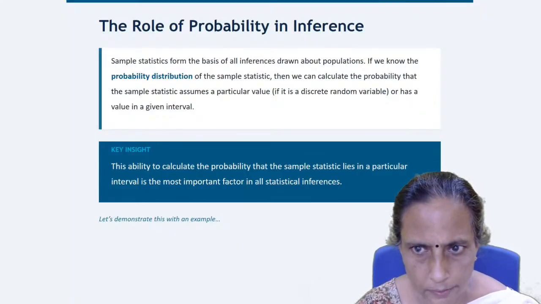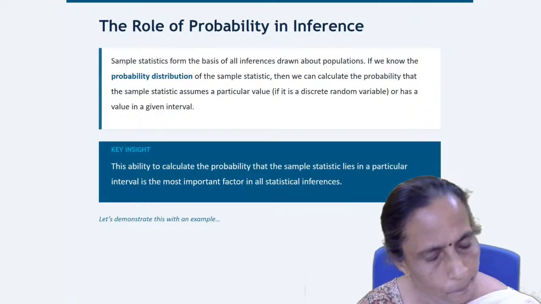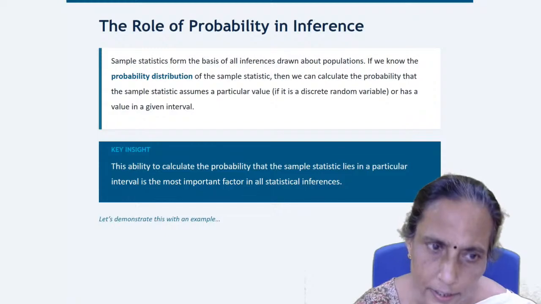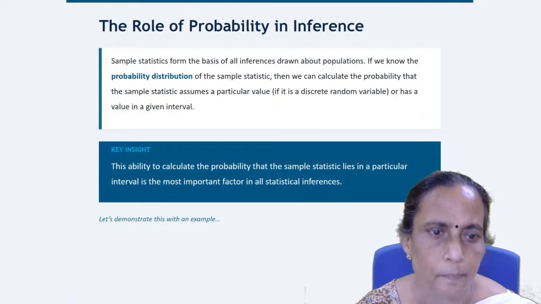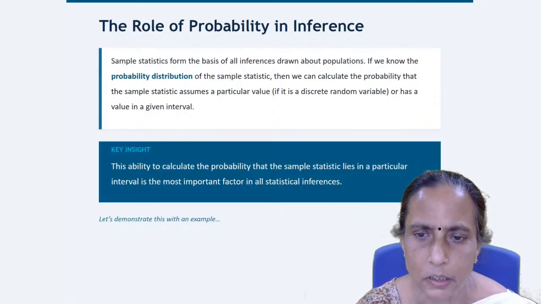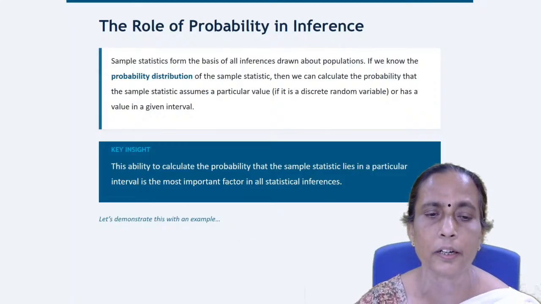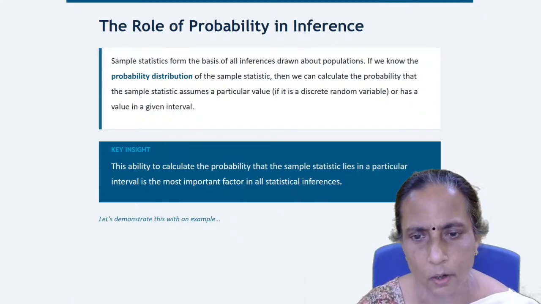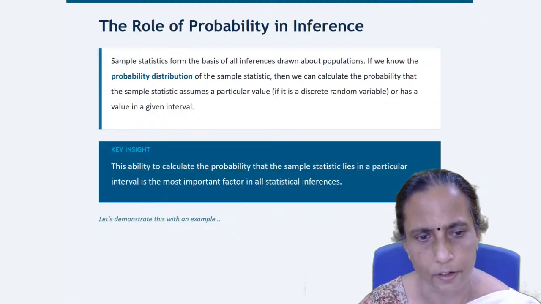It may be a discrete or continuous random variable, or have a value in a given interval. So this ability to calculate the probability that the sample statistic lies in a particular interval is the most important factor in all statistical inferences.